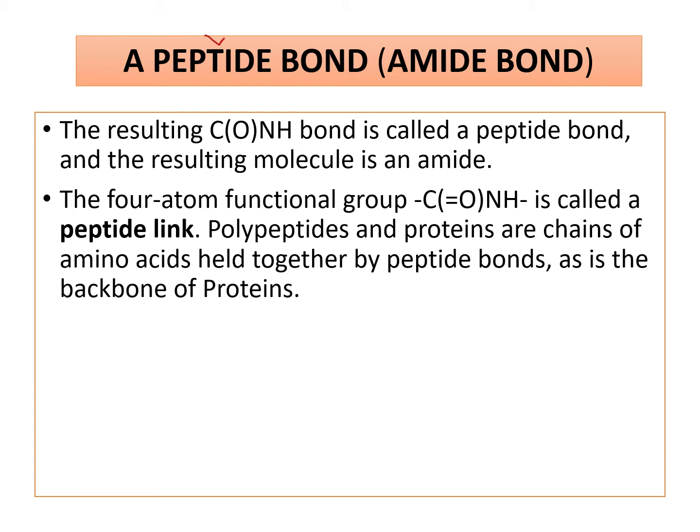Now, the peptide bond is also known as an amide bond. Why? Because the resulting group, C double bond O and N-H, is known as your amide group. Remember in my previous video, C double bond O and N-H is an amide group, right? So this specific group is formed by combining two amino acids.